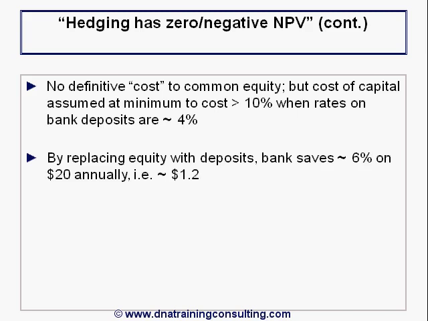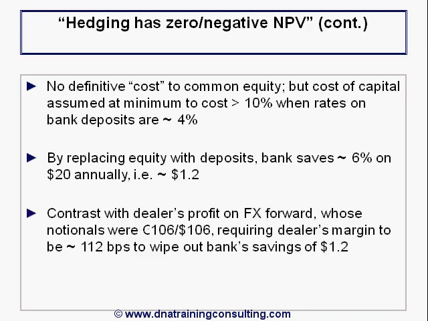So by replacing the equity in question with deposits, the bank saves around 6% on $20 annually, i.e. around $1.2. This is to be contrasted with the dealer's profit margin on the FX forward, whose notionals were 106 euros and dollars, requiring that the dealer's profit margin on the FX forward be around 112 basis points to wipe out the end user's savings of 1.2.